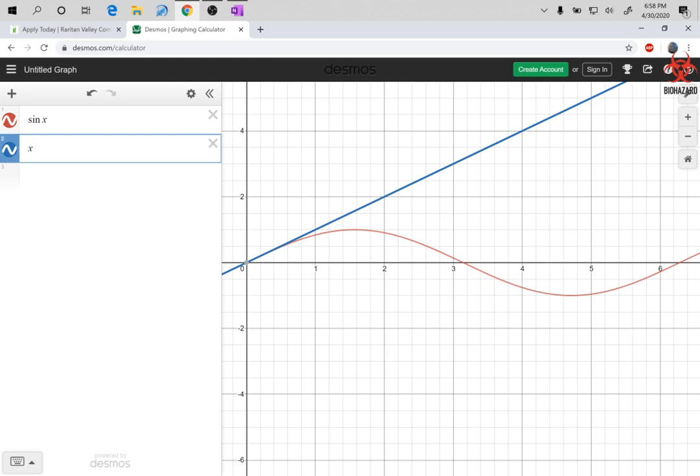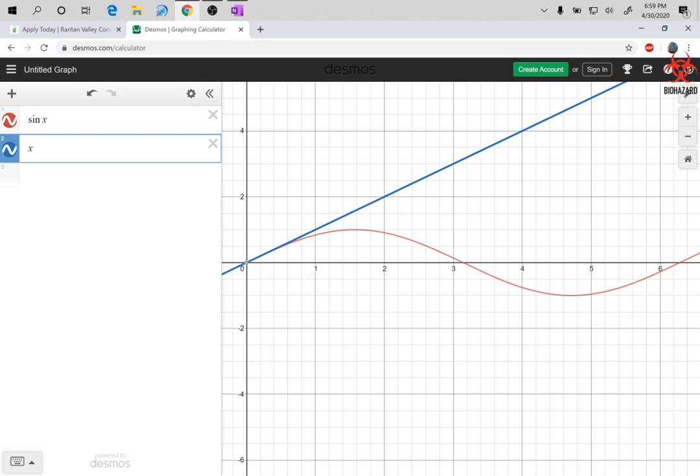Now, what we see is, first of all, make sure that you understand that your pi over 2, which corresponds to 90 degrees, is about 1.5, which is the peak for the sine. So if roughly 1.5 is your pi over 2, 90 degrees, then going down to half of that, around 0.75, is going to be your pi over 4.